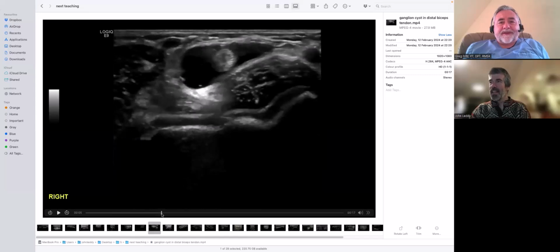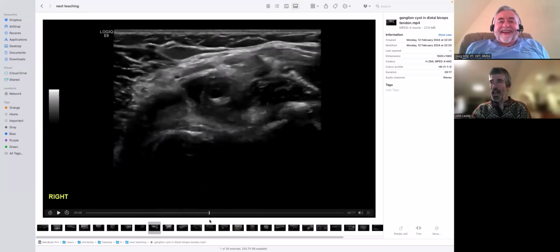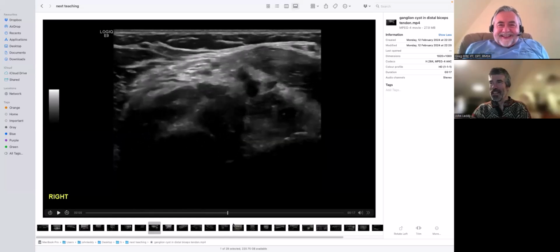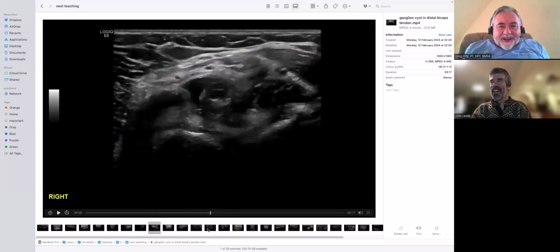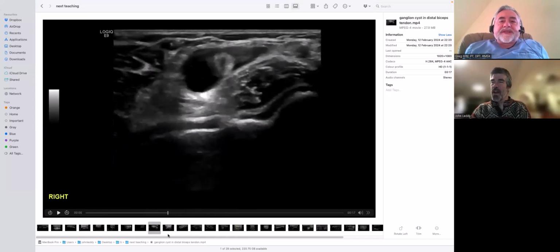Yes, it is the long head of the biceps. You're right, there's a long and short head. And it's got an effusion round it there. What am I seeing on the cortical area to the bottom right?